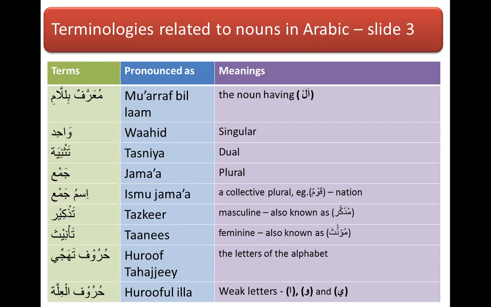Now next three terms are related to the number in Arabic language. Wahid, Tathniya and Jama'. In English, we have only two terms, singular and plural, but in Arabic one more term is used, and that is dual.